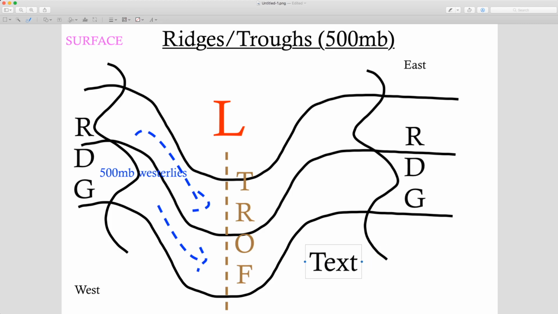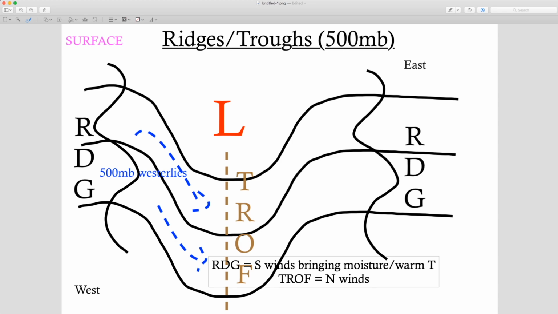A ridge will be southerly winds bringing moisture and warm temperatures, and a trough will be northerly winds bringing cold air, you call it a cold front. And the ridge will bring warm fronts.